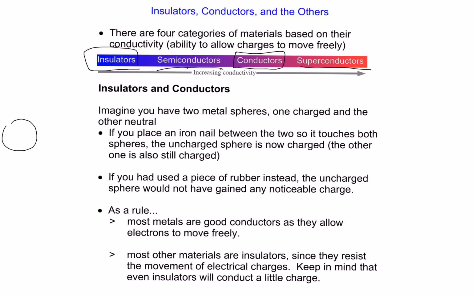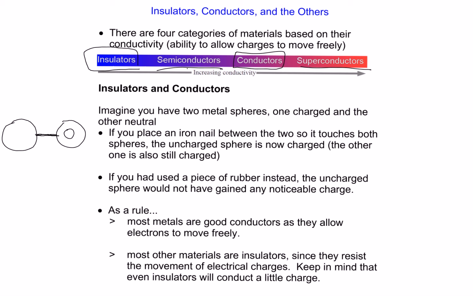So let's suppose we have something with a -3 charge, like 3 electrons, and let's suppose we have another one that's neutral. So what it's saying is, if we put an iron nail between them, so if we touch these together with metal, what would happen is, I'm going to change this one so it's a little bit better.